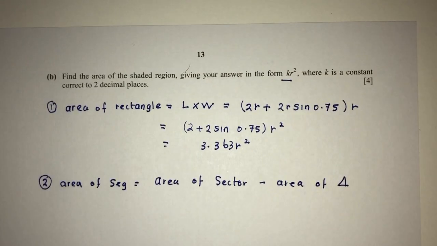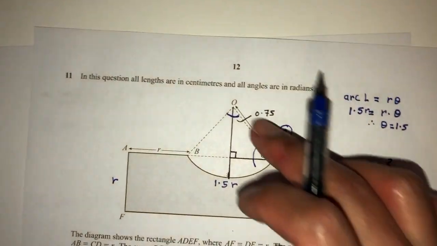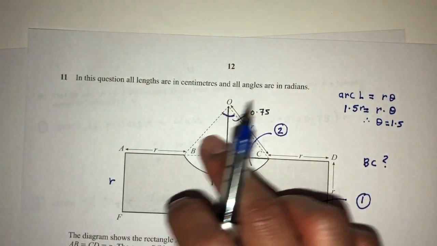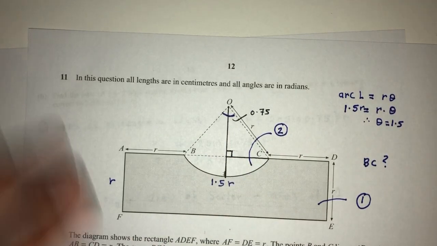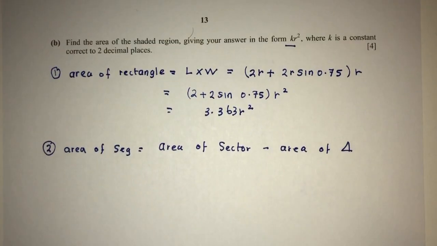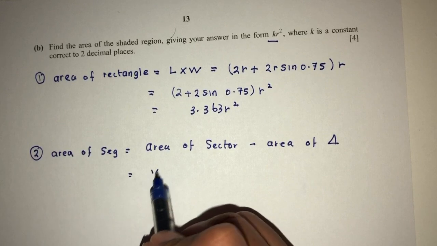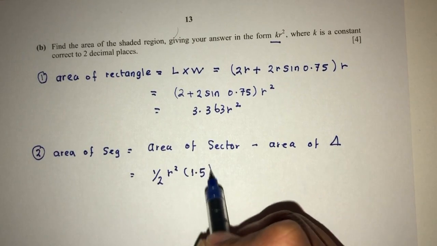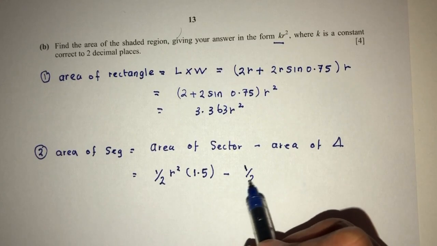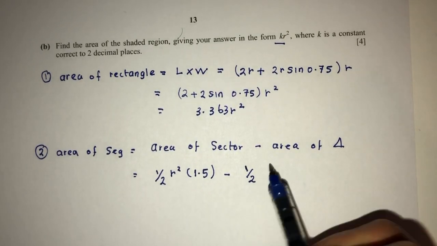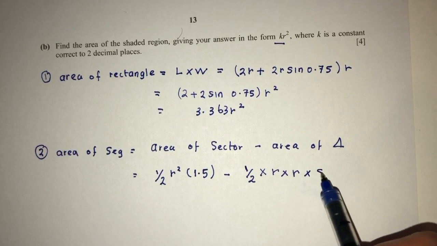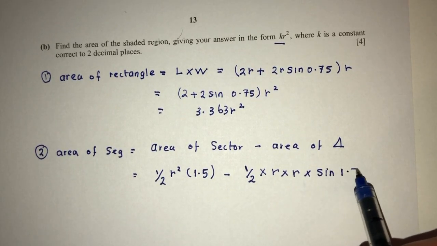If you observe, we want to find the whole area here first, minus the area of the triangle, to get the area of the segment. So the area of the sector, using our formula, is half r squared theta. Theta is 1.5 as we have seen. The area of the triangle is half times the two sides, r times r, times the sine of the angle in between, which is 1.5.